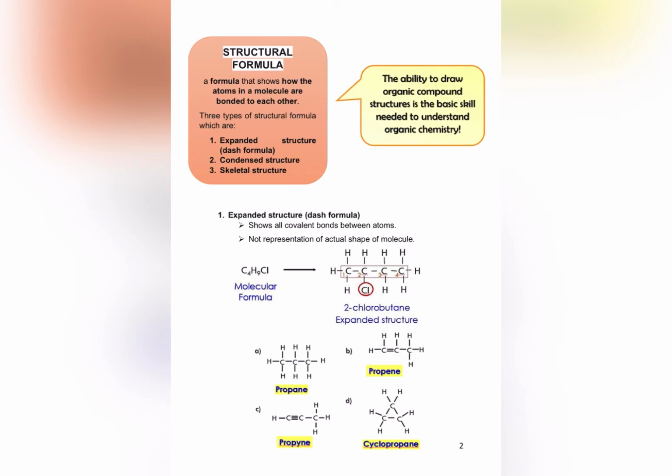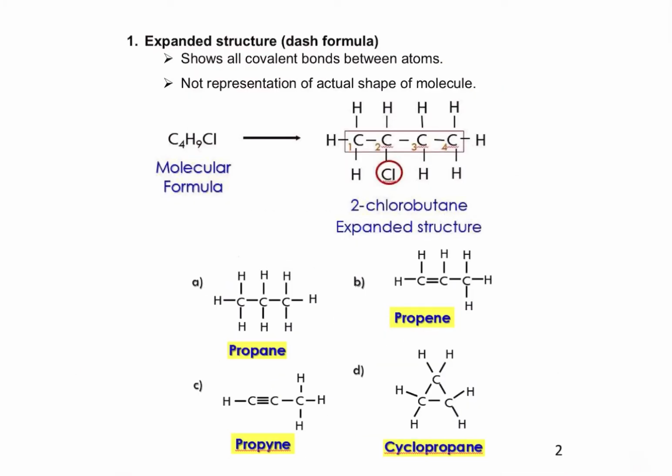Let's focus on the first structural formula, expanded structure. Expanded structure shows all covalent bonds between atoms. It means that you have to expand the structure, but it does not represent the actual shape of the molecule. For example, I have C4H9Cl.